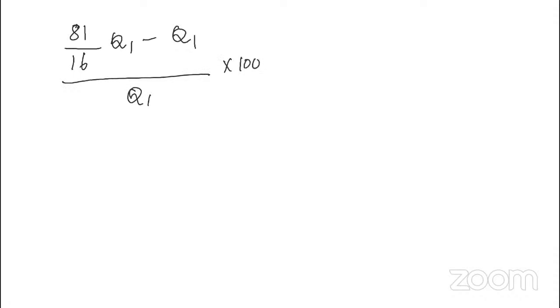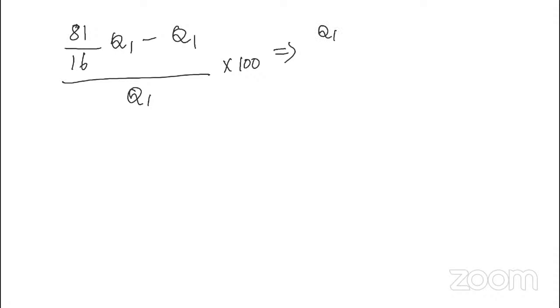It is 81 divided by 16 into Q1 minus Q1, divided by Q1, into 100. Right? So we have to take the value of Q1 outside.